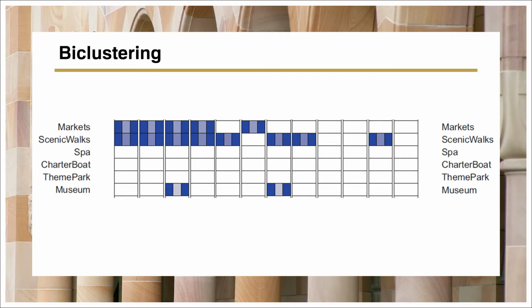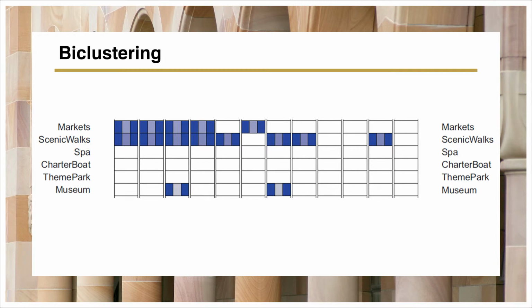The lighter colored section in the middle indicates that among all consumers, only few go to museums. Going to museums, therefore, is a relevant variable for this segmentation solution. The activities visiting spas, going on charter boat trips, and visiting theme parks are irrelevant for this segmentation solution. They are effectively omitted, although they were included in the analysis.